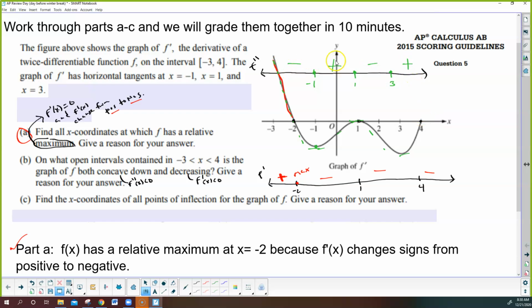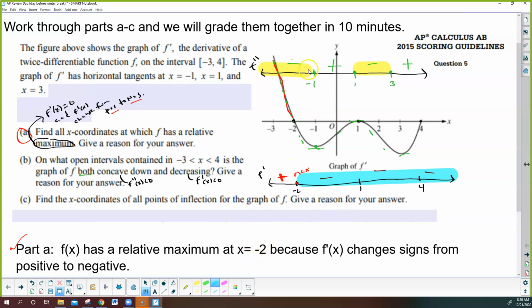So notice I have the intervals now where I'm concave down and concave up, but I want to know the intervals where I'm both concave down and decreasing. So I'm not sure if this is going to work the way I want it to, but here are the values where I'm concave down, and then here's the values where I'm decreasing.